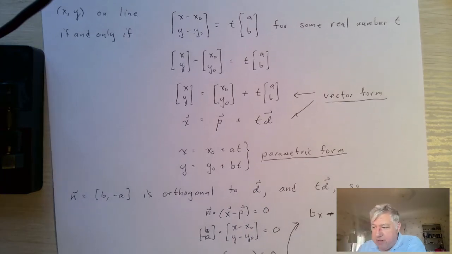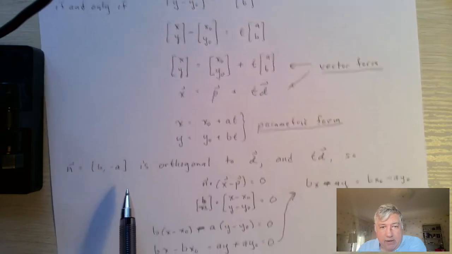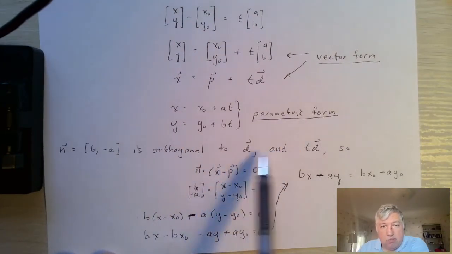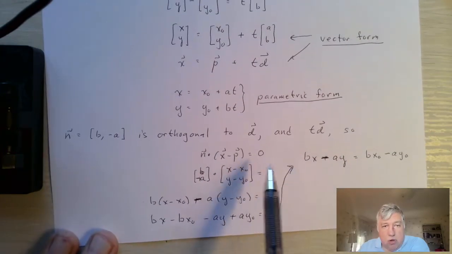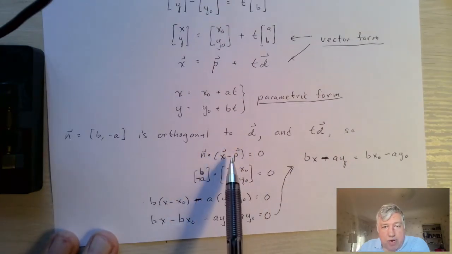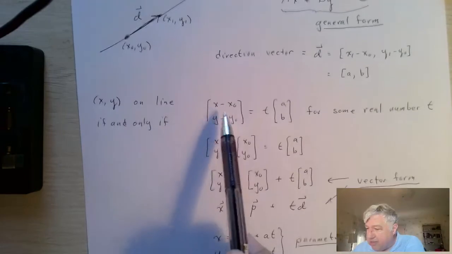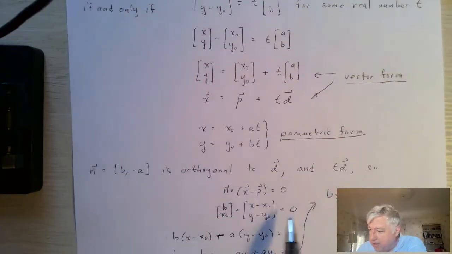And then finally, because we know that this vector b minus a is orthogonal to d, as well as any multiple of d, which is denoted by td, we have this equation. Remember, x minus p is what this is, where p is x0, y0.